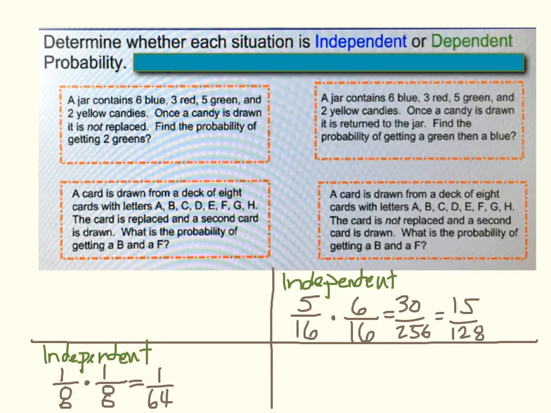Now let's look at some of these other possibilities. Let's look now at this example here. We're still talking about drawing cards, but this time the card is not replaced before the second card is drawn. So these are dependent events.